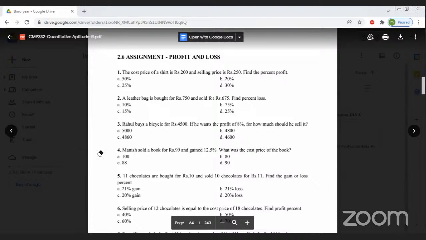After that, let's take this example. Rahul buys a bicycle for 4,500. If he is buying, that means this becomes his cost price, 4,500.